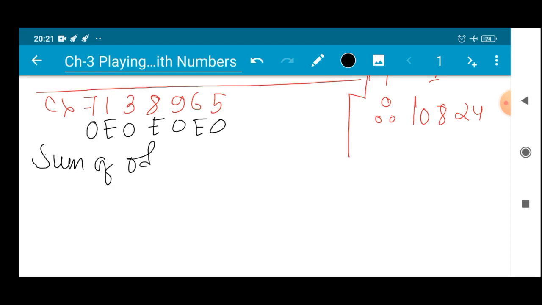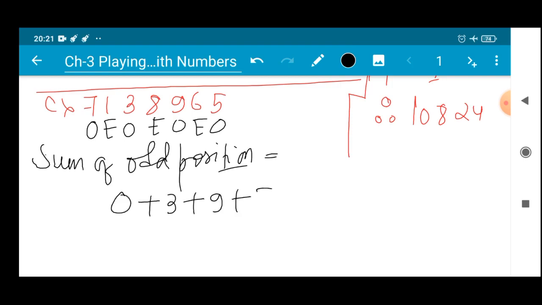Sum of the numbers in odd position is equal to 0 plus 3 plus 9 plus 5. When we add this, we will get 0 plus 3 is 3, 3 plus 9 is 12, 12 plus 5 is 17.